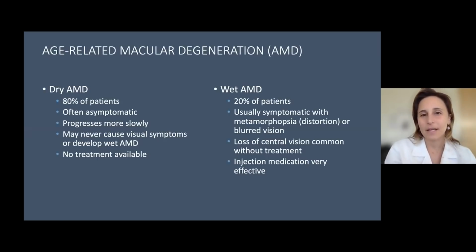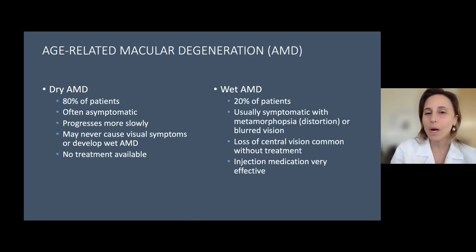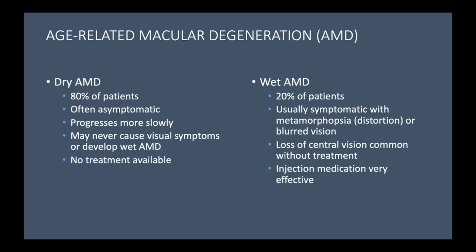That's the optimistic perspective. Wet macular degeneration affects 20% of those patients with macular degeneration. It's often symptomatic at presentation, and patients will experience metamorphopsia or distortion, or blurred vision, and sometimes they can have a scotoma, a dark spot in the vision.